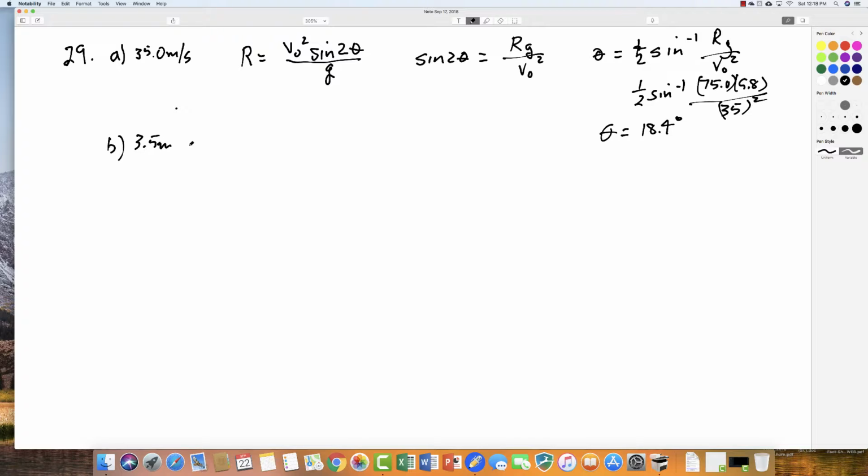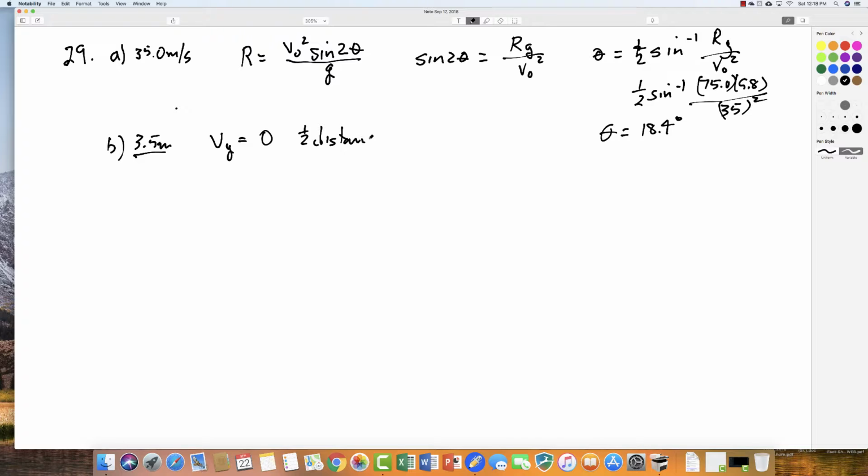It wants to know what the height of the arrow is at that point, because it wants to know whether it goes above the branch or below the branch. Well, in order to do this section, you have to know that Vy at this halfway point is going to equal 0. And this also occurs at 1/2 the distance.